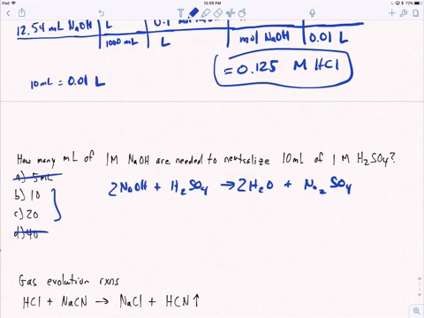So what is the molar ratio between sodium hydroxide and sulfuric acid? It's 2 to 1. So do we need the same amount or do we need double? You need double. The answer is C. Is that making sense?